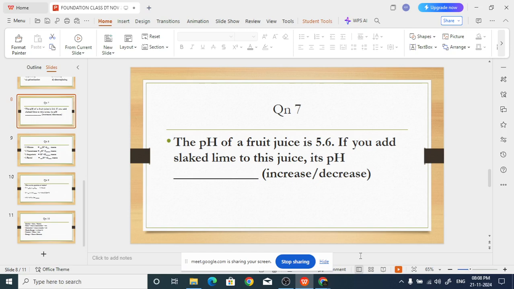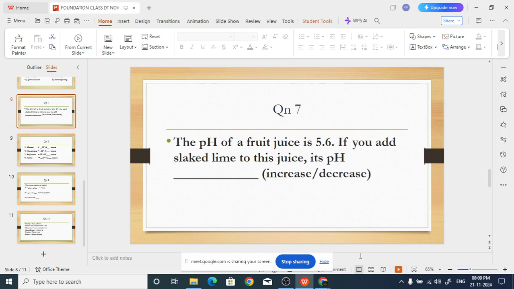The pH of a fruit juice is 5.6. If you add slaked lime to this juice, its pH will increase or decrease? Have you studied pH? What is the pH value of water? pH value of water is 7.